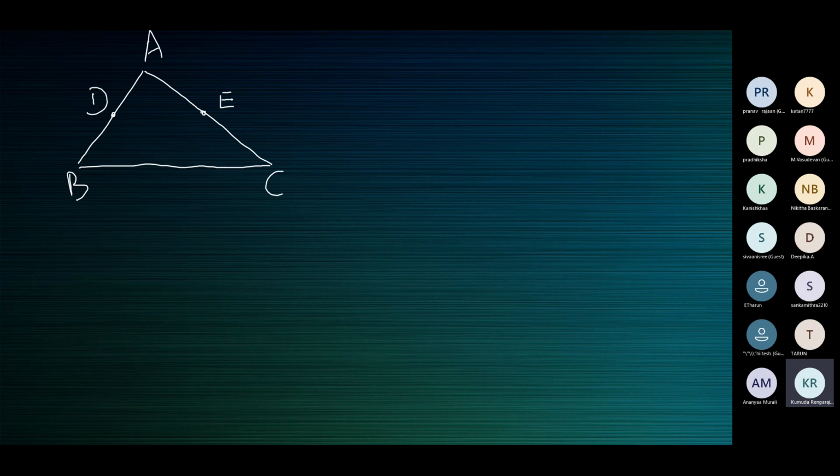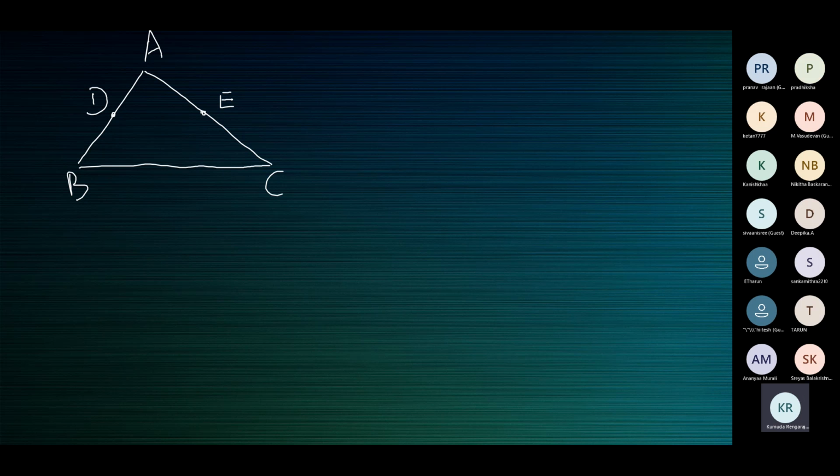Because the statement says the line segment joining the midpoints of any two sides of a triangle. So we are given a triangle and the midpoint of two sides. Given triangle ABC, given D is the midpoint of AB, given E is the midpoint of AC.